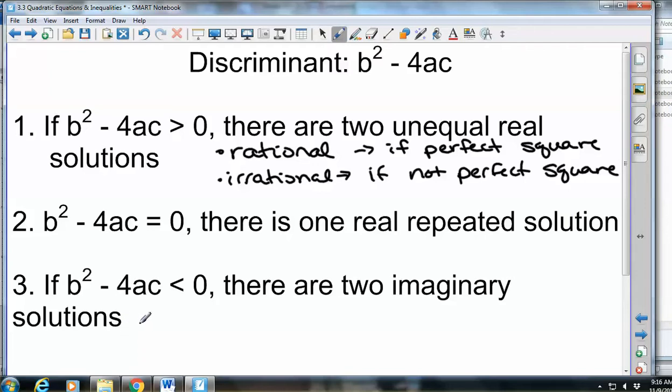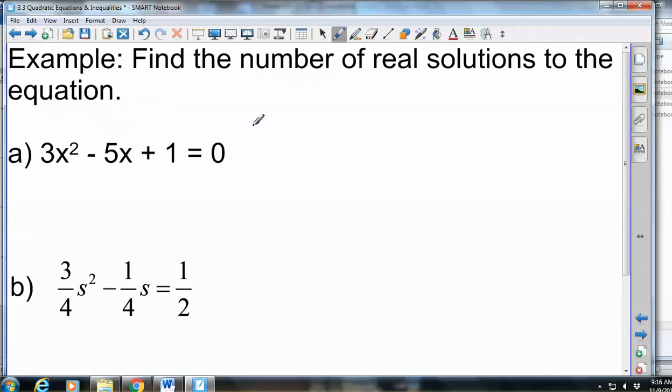Let's look at a sample problem. I'm going to slightly change these directions. I just want to classify the solutions.